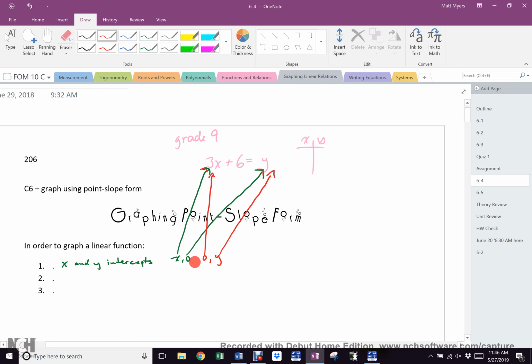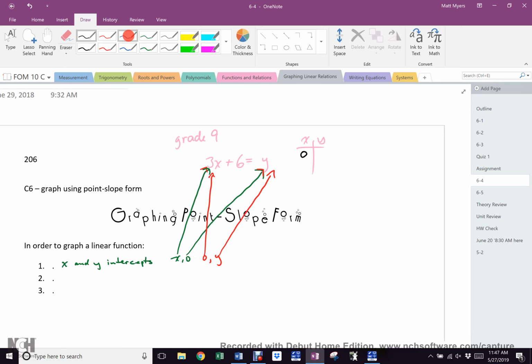And that got us 2 points that we then connected the dots. Now, essentially, when I'm plugging these in as x and y intercepts, isn't that the same as doing a table of values? So we really didn't learn anything new with x and y intercepts, did we? Except that every single x-intercept is (x, 0) and every single y-intercept is (0, y). But other than that, that wasn't anything new, right?